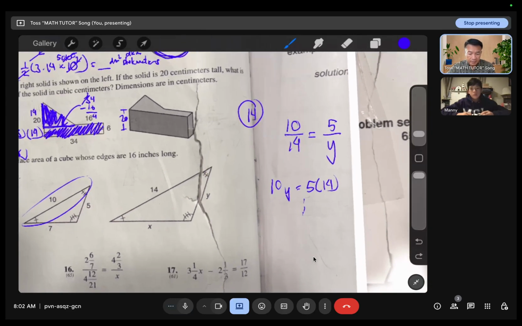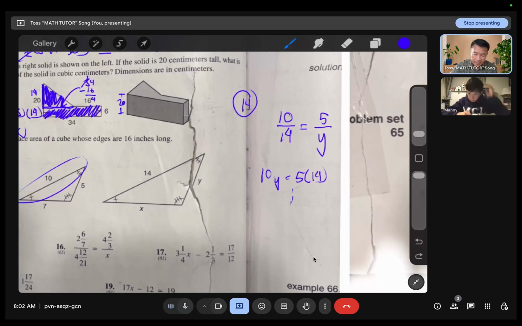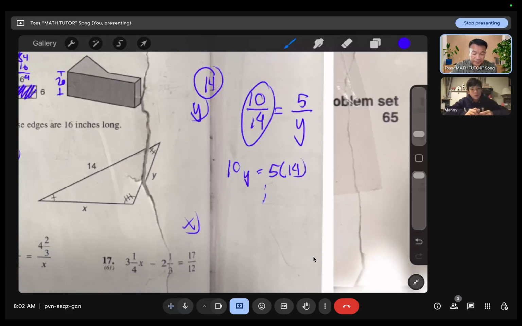Now, this one is solving for y. Now, how do you solve for x? You could also reduce this first if you want, before you cross multiply. I would probably do that. Before I solve this whole equation, I would do 5 over 7 equals 5 over y. The answer is 7.